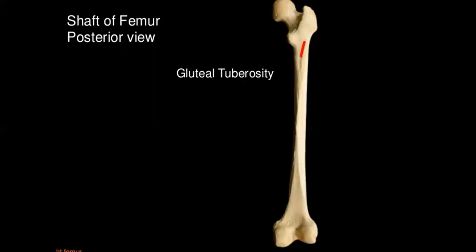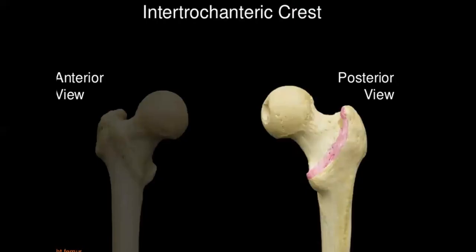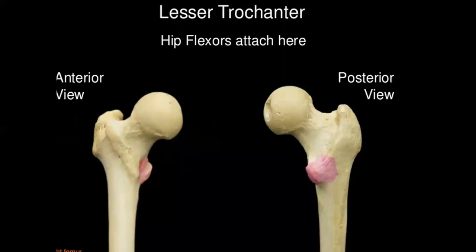The fracture line, you can appreciate, is between the head and the neck of the femur. You can see, this is the head and this is the neck.